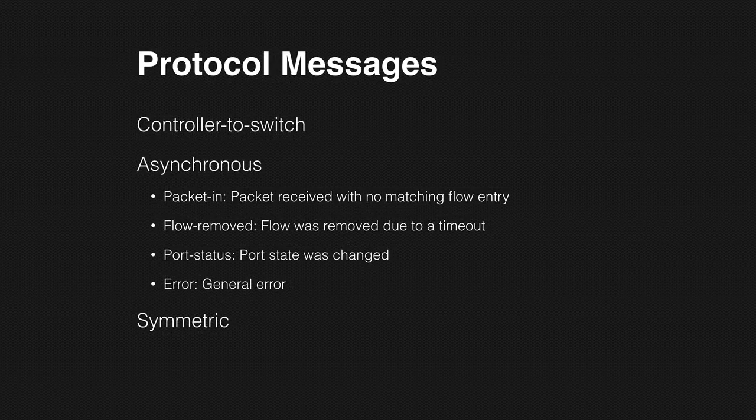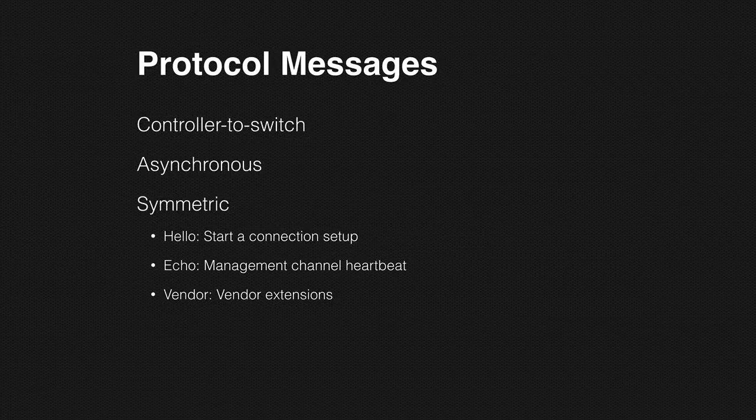And finally, symmetric, the most trivial set of messages, is just a set of hellos to initiate an OpenFlow connection and echo request and echo reply for a heartbeat between a switch and a controller. Heartbeat is there so the switch always knows if the controller becomes disconnected.